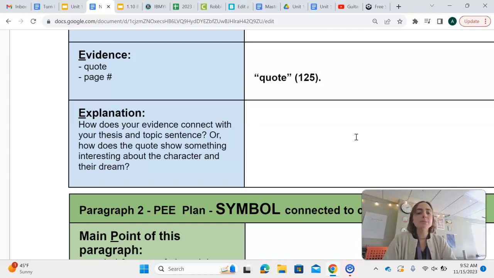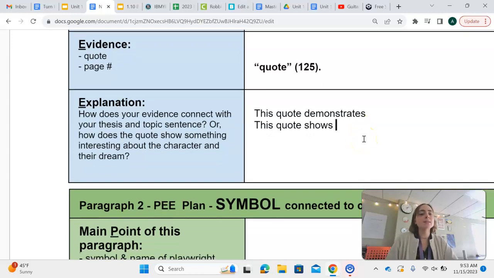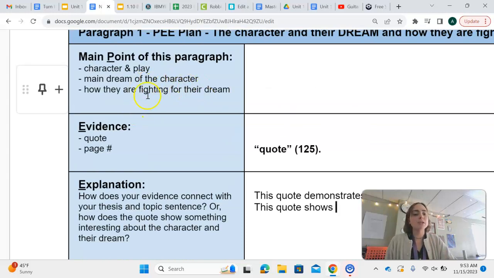So you could start off your explanation by saying something like, this quote demonstrates that Walter wants what, or is doing what to achieve his dream. You could say this quote demonstrates, this quote shows, something like that. So this is where you're connecting your quote and your evidence to your main point about their dream.